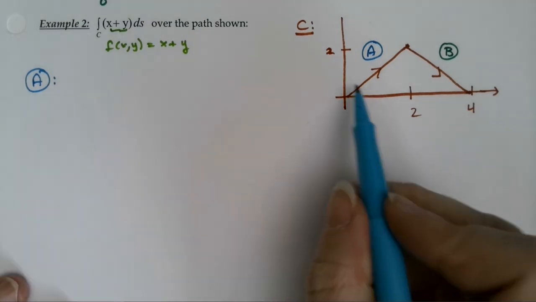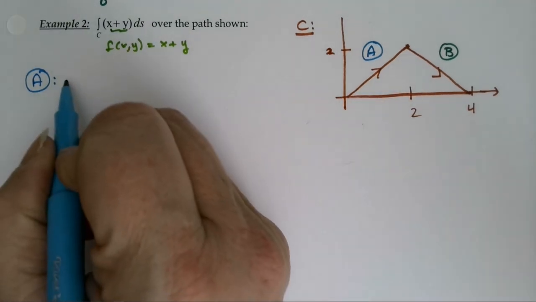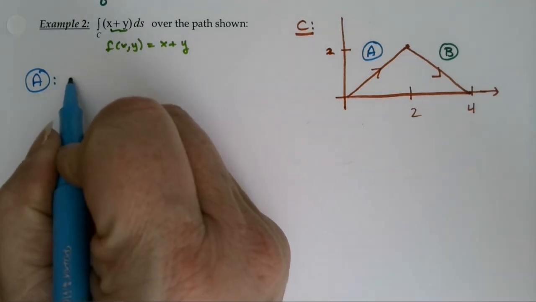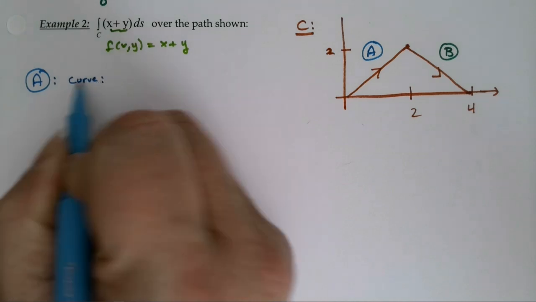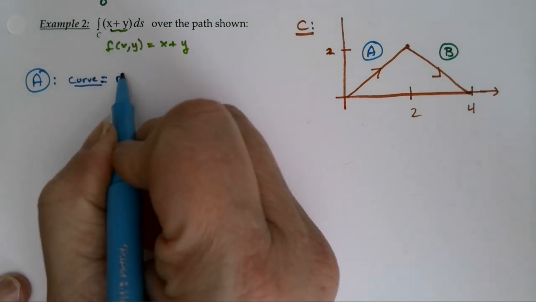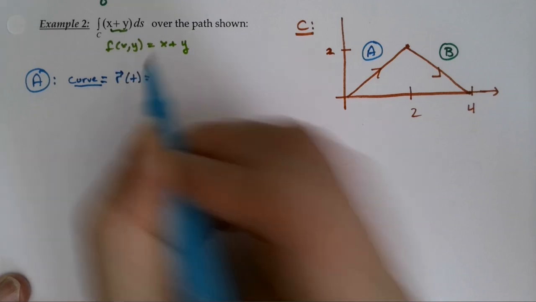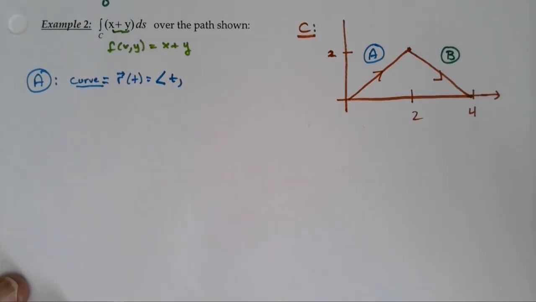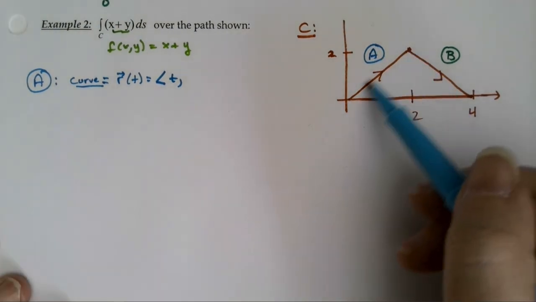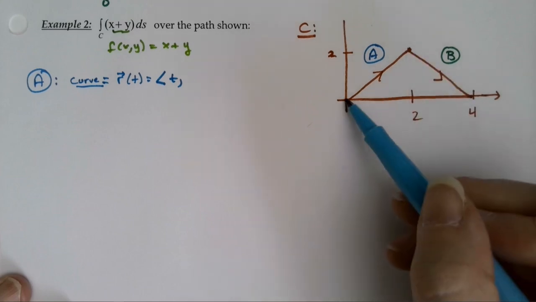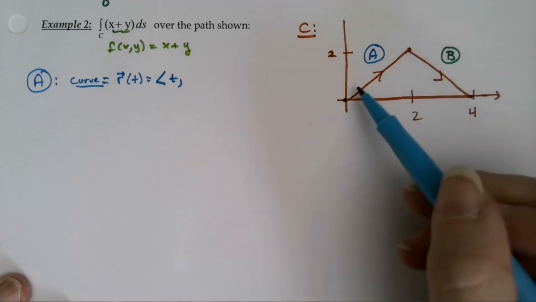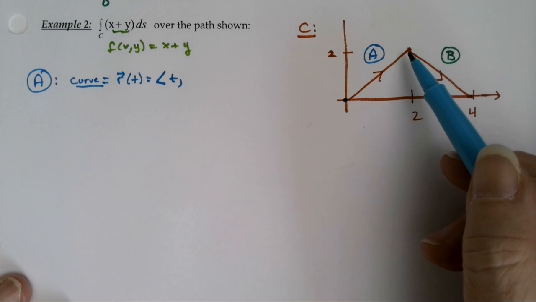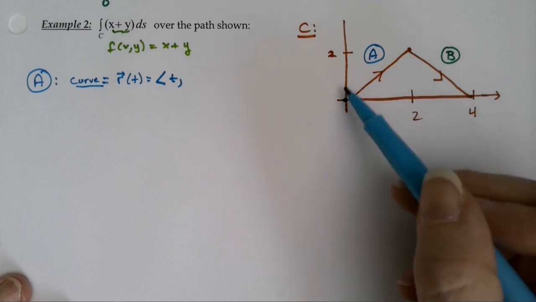Well, first off, we need the curve for that section. So we need to know what it is. We're going to define it as r of t equals, and of course it's always best to just use x equals t, and then we need to know the equation of this line. But of course this goes through the origin and goes through 2, 2, so that's a slope of 1, up 2 over 2.